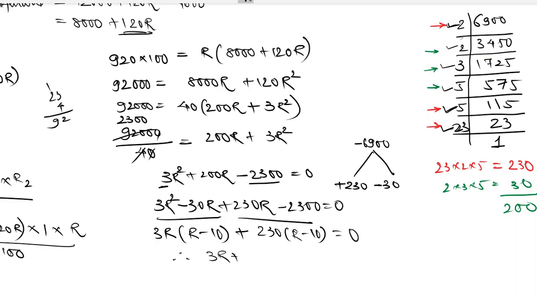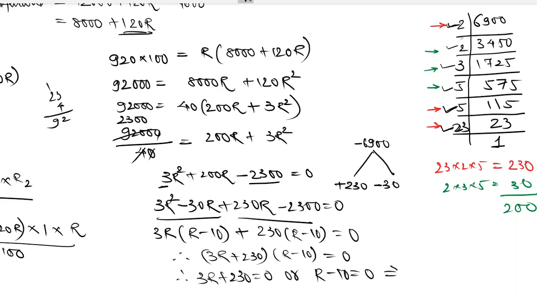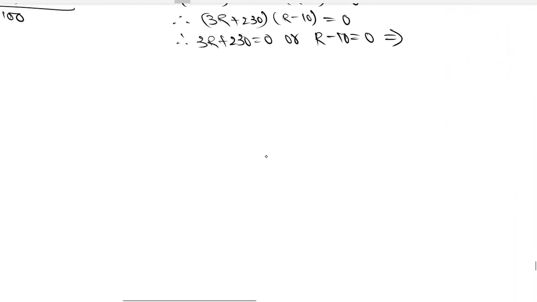Therefore (3r plus 230)(r minus 10) is equal to 0, and therefore 3r plus 230 is equal to 0, or r minus 10 is equal to 0, which implies r is equal to minus 230 by 3 percent, or r is equal to 10 percent.